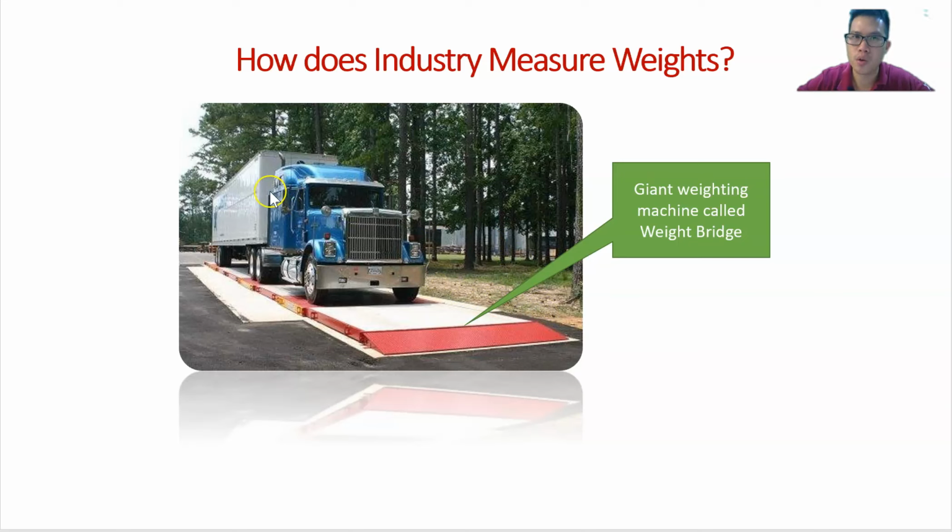So now the weight with the container, the load and the truck, minus the initial one, which is just the truck and the empty container, will translate to the product weight. This product weight is very important for checking what is out from the factory and what is in the factory. Okay, very important.